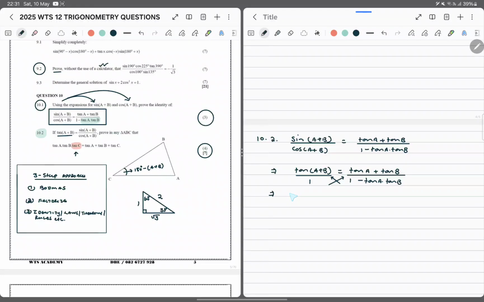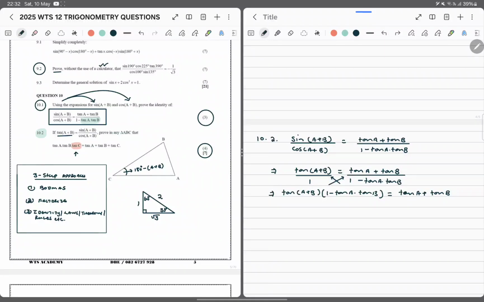So this implies that tan of A plus B, I'm not sure if this is well or not, but it's not a big deal, times 1 minus tan A tan B must be equal to tan A plus tan B. So there you go, pop.